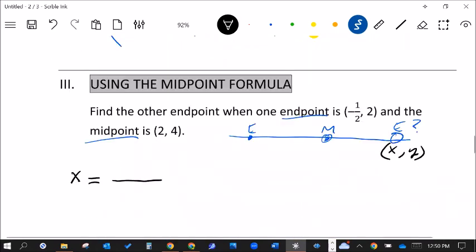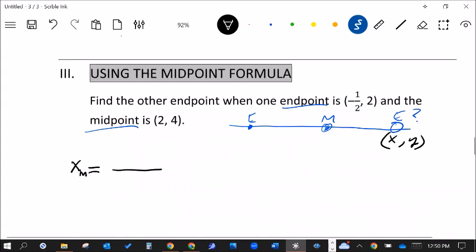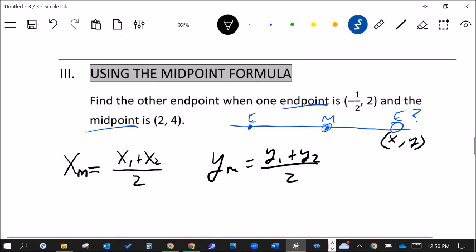So I'm going to say that the x of the midpoint is equal to 1x plus the other x, and it actually doesn't matter if it's 1 or 2. Just put 1 here because it's just adding, one of them plus the other, divide by 2. And the y of the midpoint is adding the two y's together and dividing by 2.